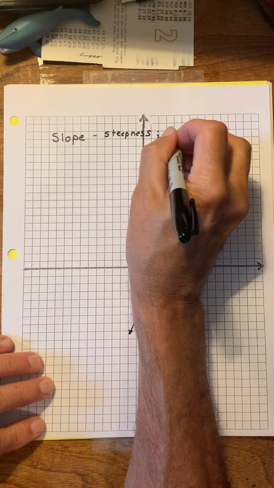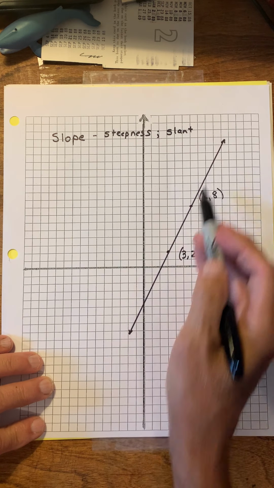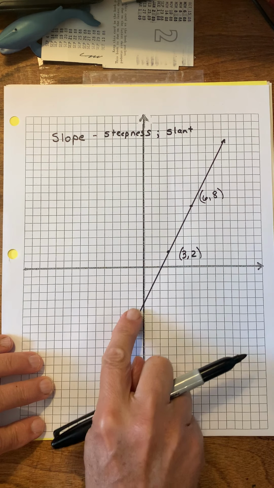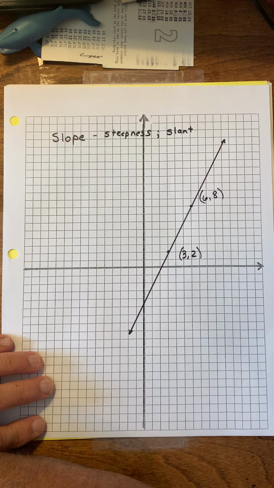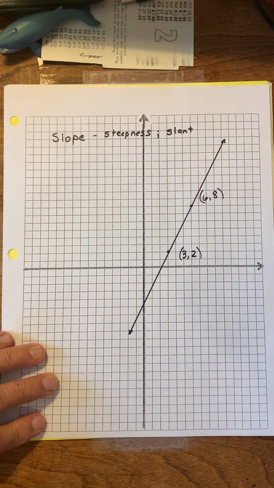It's slant. So as I look at this line, I go, that's pretty steep. If I imagine walking up a hill like this, I say that's very steep. But we're going to have to be more precise than saying not too steep, kind of steep, really, really steep. So we're going to have to be, in fact, mathematical about talking about the slope.